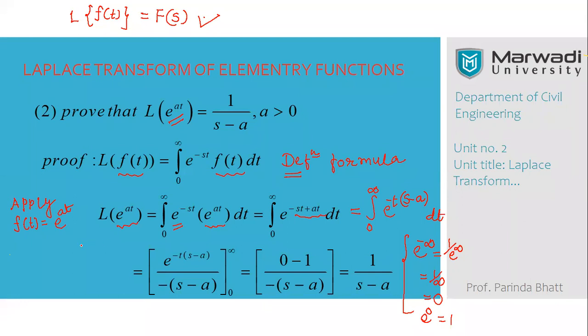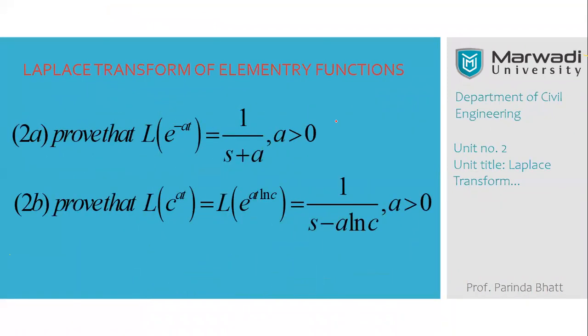Okay, everyone clear or any doubt, then quickly raise your hand. Okay, now from this formula, we can derive two formulas. Laplace of e power minus a, here the power is negative, right?